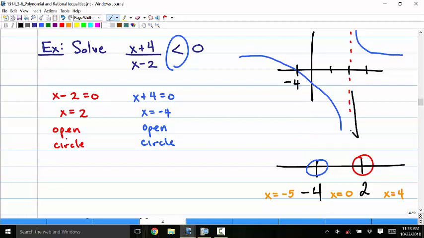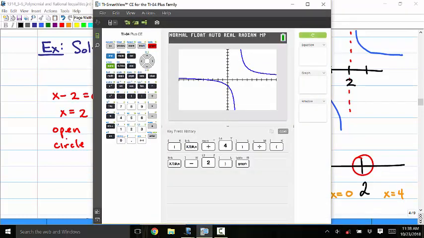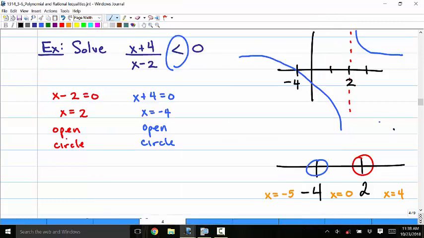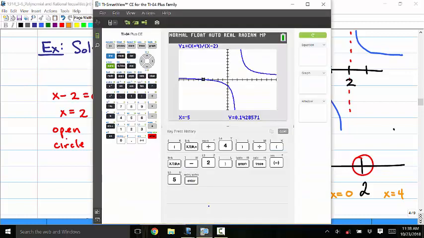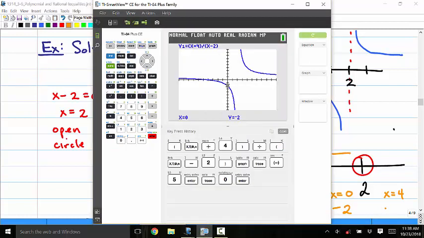That asymptote went with 2. All right, on my calculator, if I type in negative 5, trace negative 5, I get a positive 0.14. If I type in 0, I get a negative 2. If I type in 4, I get a positive 4.